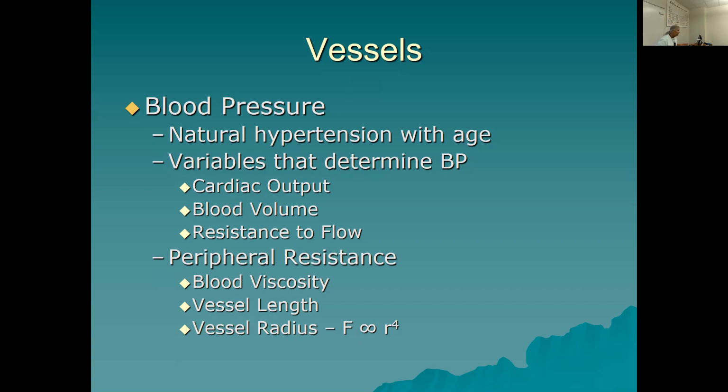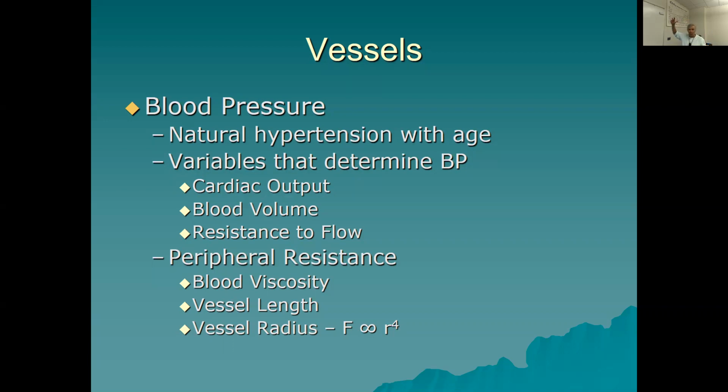And that has to do with the size of the blood vessels. The greater the size of the blood vessel, the easier it is to push through, the more blood flow. The smaller the vessel, the harder it is to push through, the higher the blood pressure in that vessel. So constriction of blood vessels all over your body will increase blood pressure.